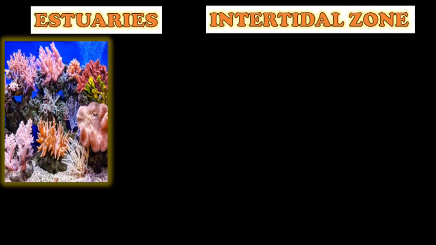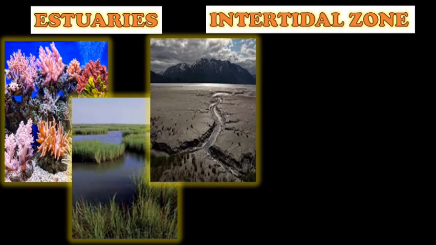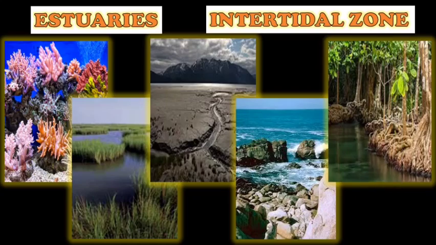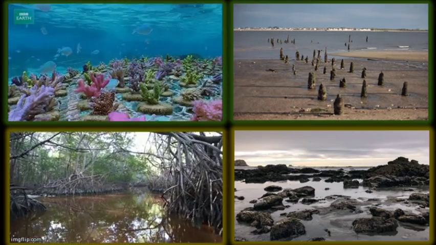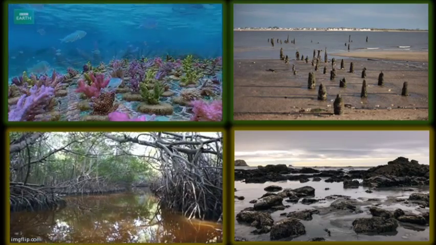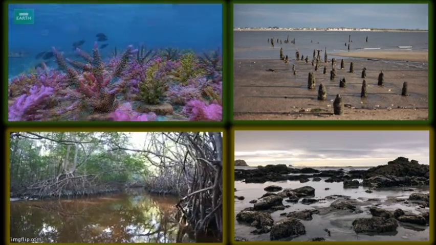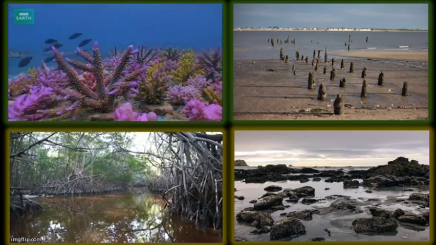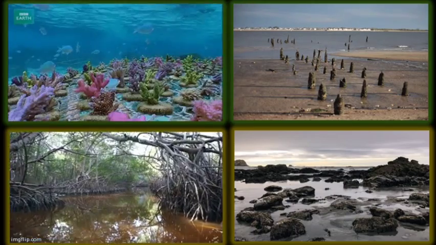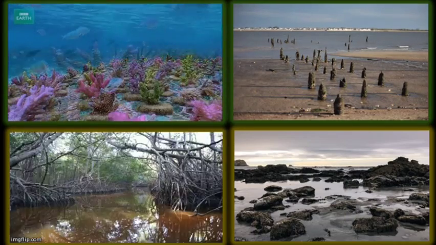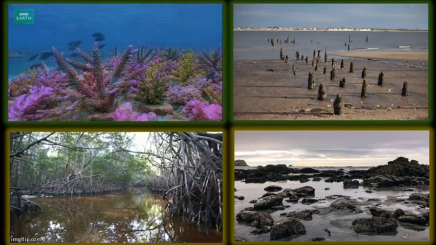The aquatic ecosystems are our estuaries and intertidal zones. Specifically, they comprise all our coral reefs, salt marshes, mudflats, rocky shores, and mangrove forests. Since we got so much from this ecosystem, which is abundant in marine life and other resources, their destruction would largely affect the community that depends on them.